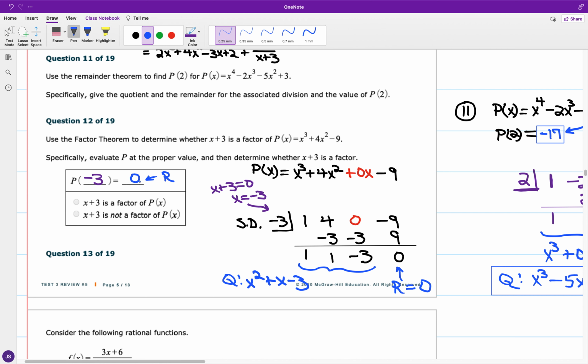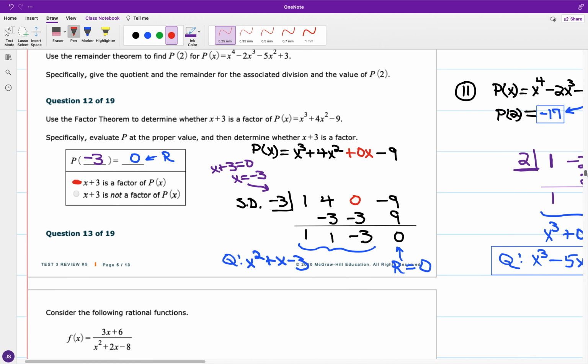And if the remainder is 0, then you're going to have the divisor to be a factor of the polynomial. And if I had a non-zero valued remainder, it would not have been a factor. So we got p of negative 3 is equal to 0. Again, the remainder. And with 0 as a remainder, we have x plus 3 does turn out to be a factor.